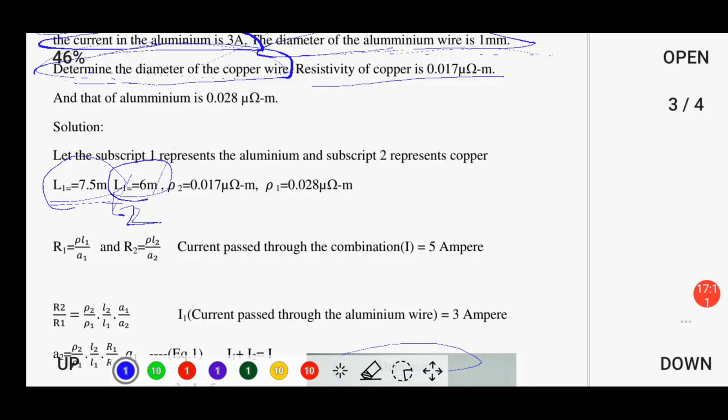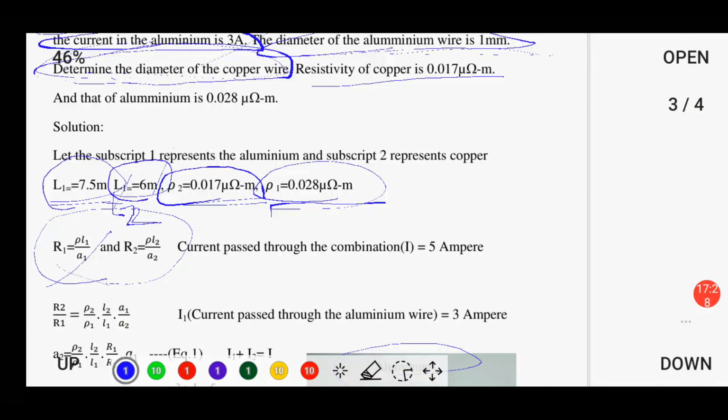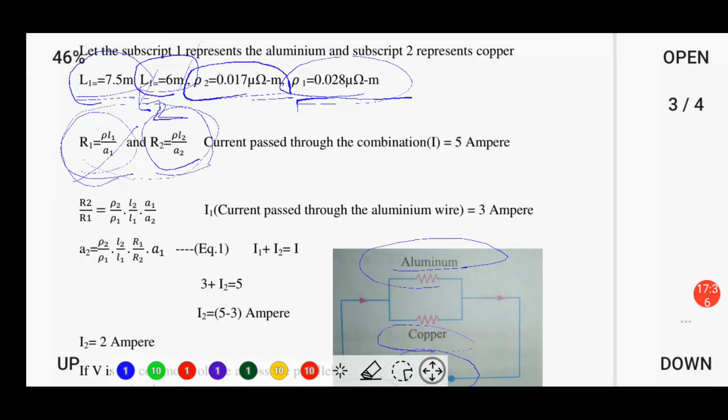Rho 2 is the resistivity of the copper wire, that is 0.0171 micro ohm meter, and rho 1 is the resistivity of the aluminum wire, that is 0.028 micro ohm meter. Resistance for the aluminum wire is R1 equals rho 1 L1 divided by A1, and for the second wire R2 equals rho 2 L2 upon A2.